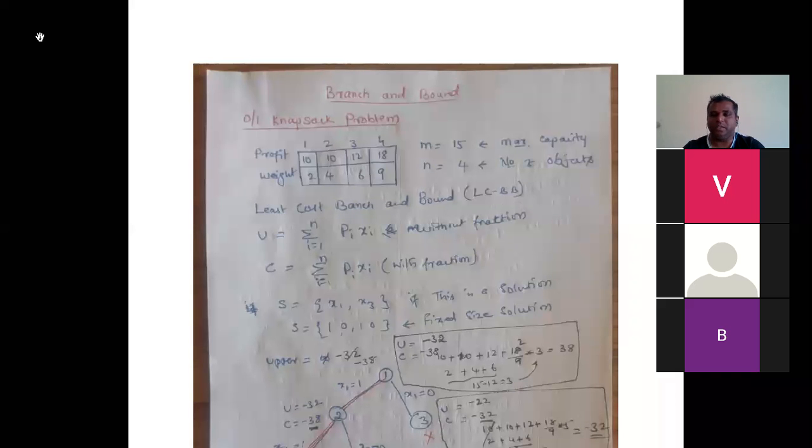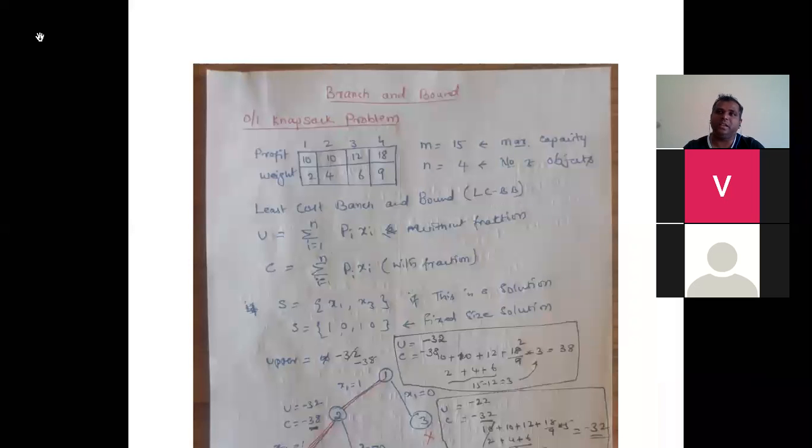The other approach is we can solve directly without converting into minimization. Yesterday we discussed without converting into minimization.